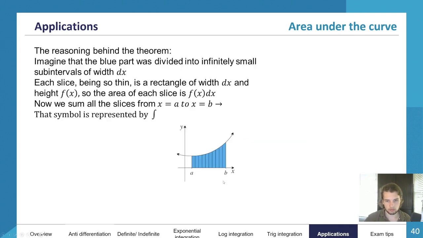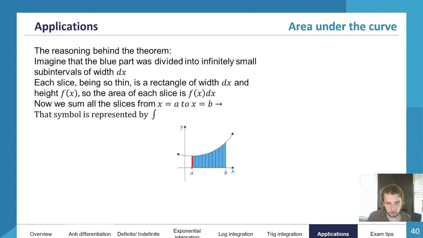Let me find it. You can imagine the blue area under this curve was divided into infinitely small subintervals with a width of dx. So that is our dx that we think about in differentiation. Each slice is so thin and multiplied by the height of the actual rectangle here.